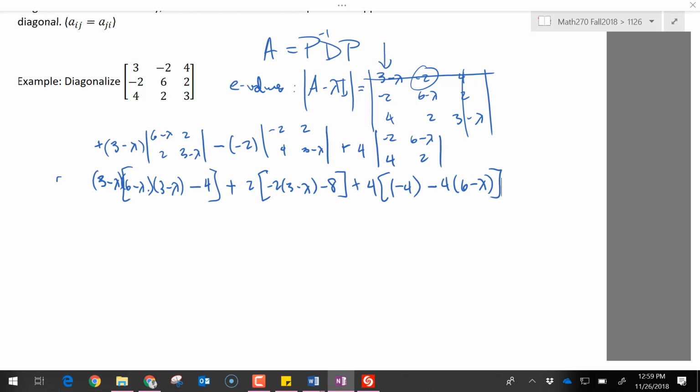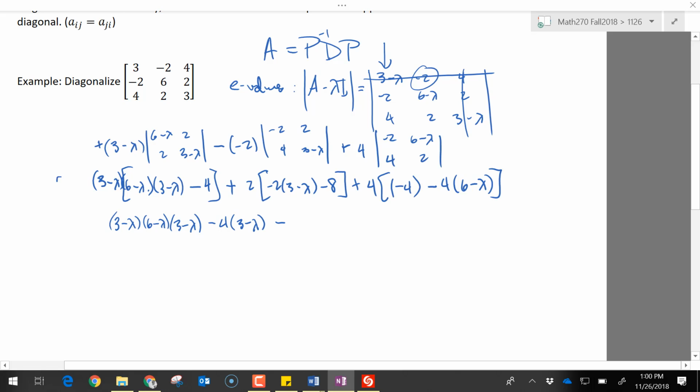So let's do a lot of foiling out. Let's just distribute for now, and then continue to do more algebra here. 3 minus lambda times 6 minus lambda times 3 minus lambda, minus 4 times 3 minus lambda.